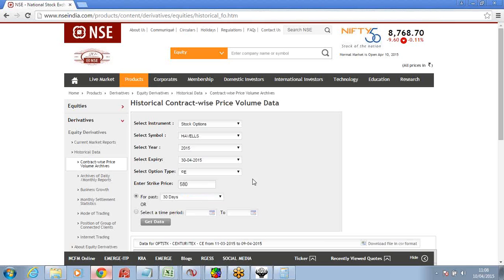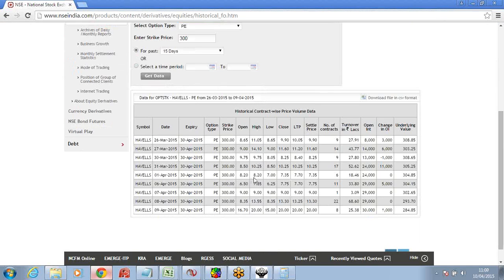So select the put option. 300 is your strike. I'll just take the last 15 days' data. At the end of the day it was around 10 rupees 25 paise, my premium for Havells. Now the current price is around 20 rupees.